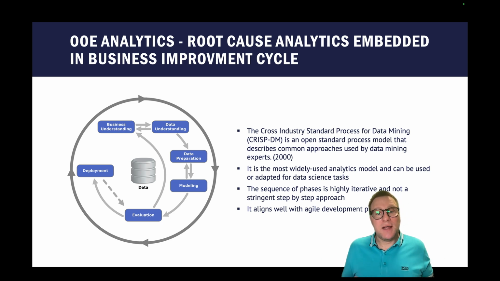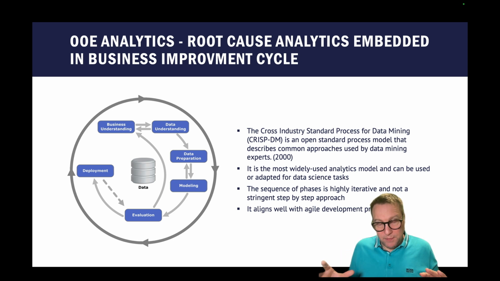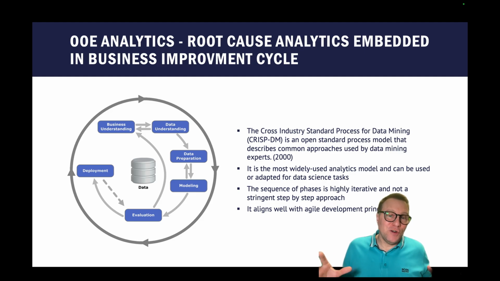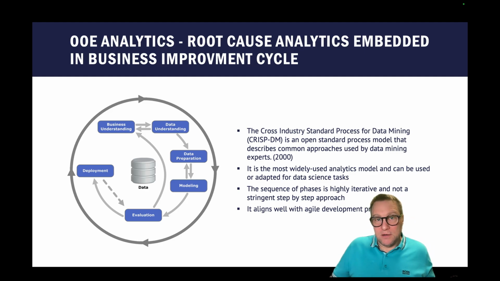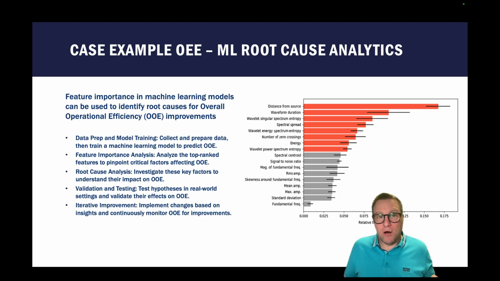And what kind of mathematics are you using in the background? Now we're entering the world of machine learning, not to predict something, this will be predictive maintenance later, but root cause analysis is all about so-called feature engineering.